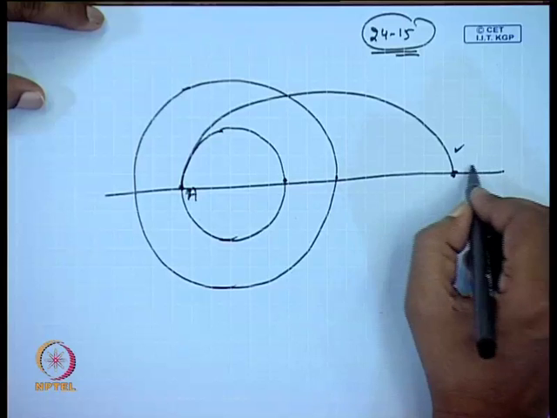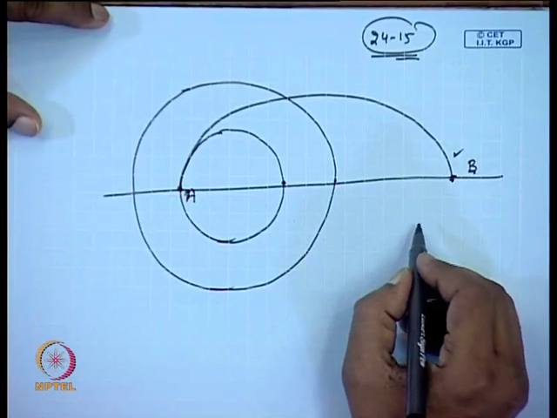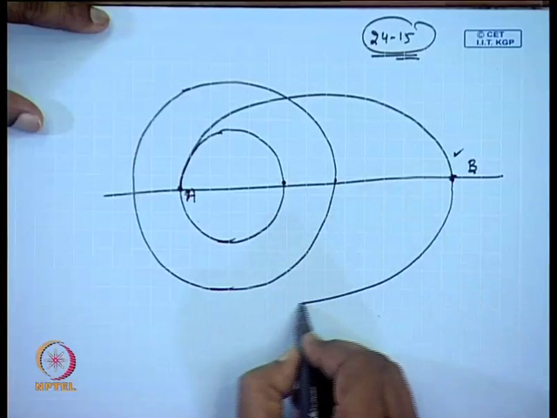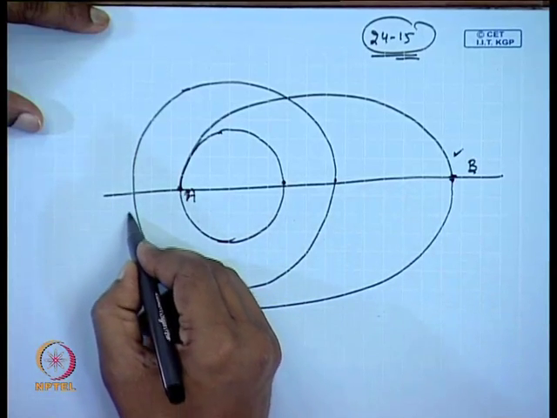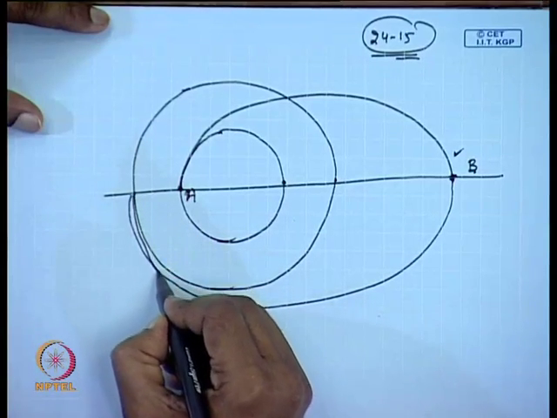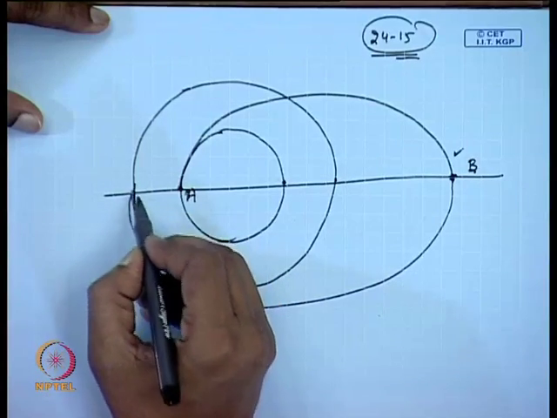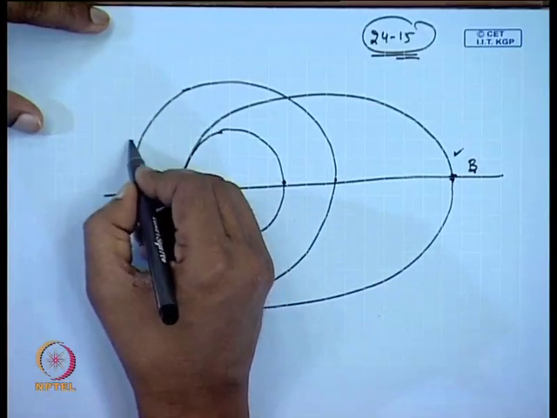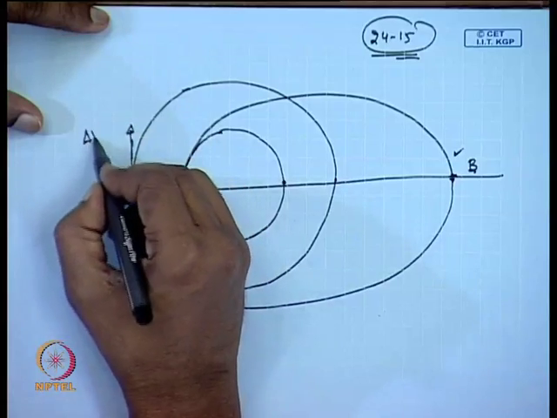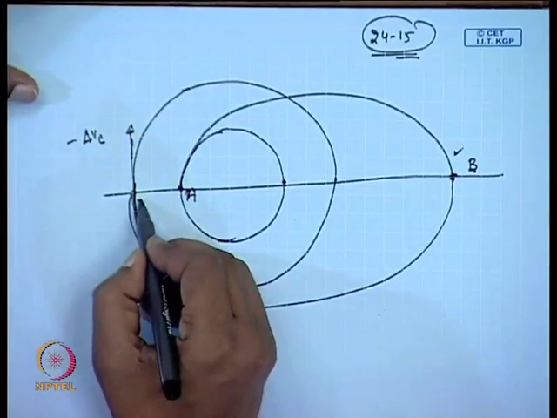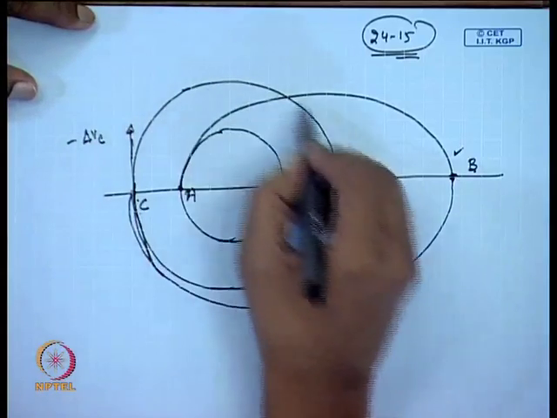So, this is point A and the point B is shown here, and again at B an impulse is given, so that the satellite comes and becomes tangential at this point. At that point then we give an impulse of delta V c in the negative direction of course. So, this is the point C and that will put it into the circular orbit.